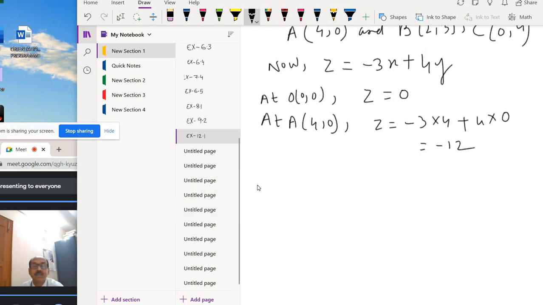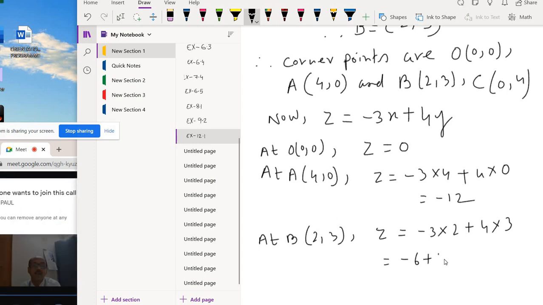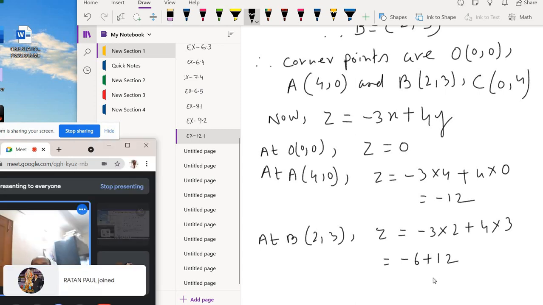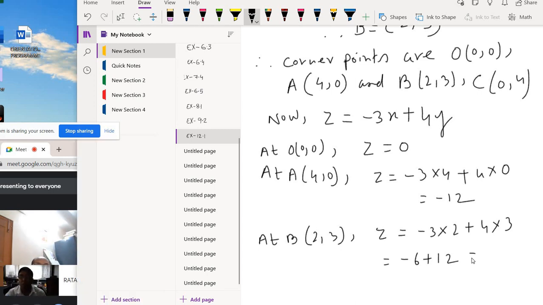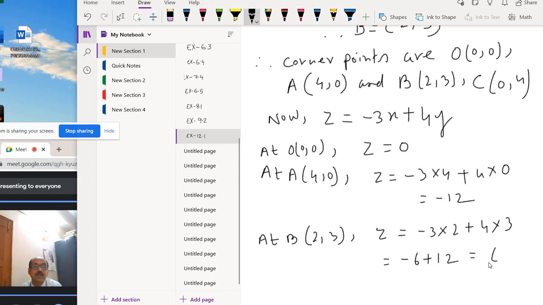Now at B, the point is 2 comma 3. z equals minus 3 into 2 plus 4 into 3, equals minus 6 plus 12, which is 6.